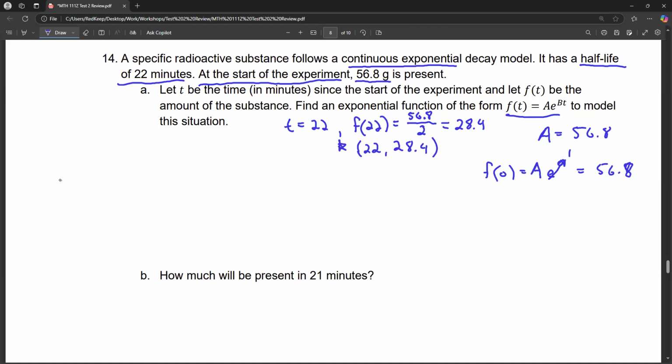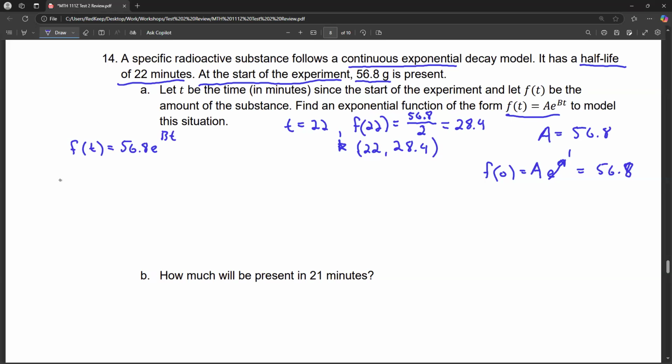Let's go ahead and update our equation since we haven't done that yet. So f of t is equal to, well, we said our a value, we found that in a couple different ways, was 56.8. Our b value is unknown as of yet.